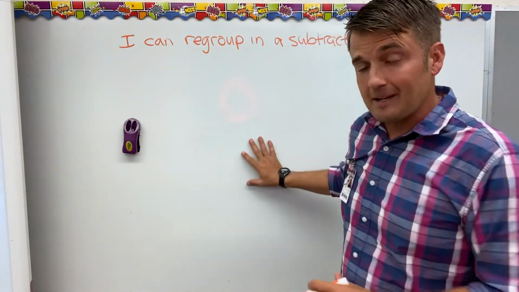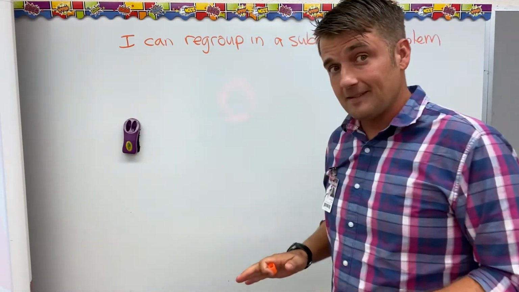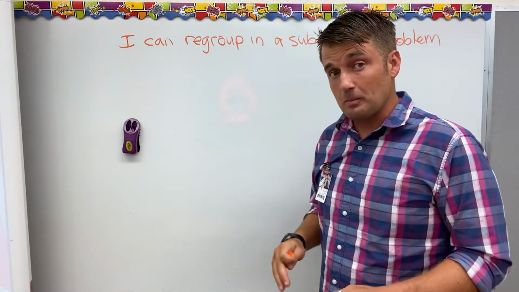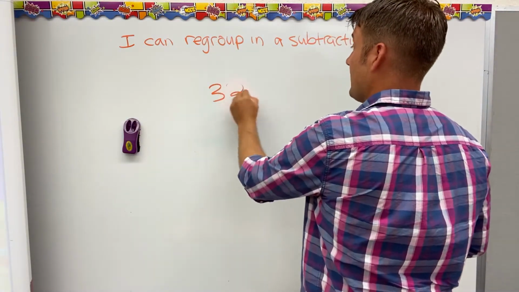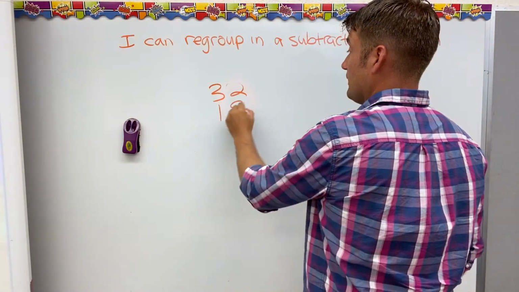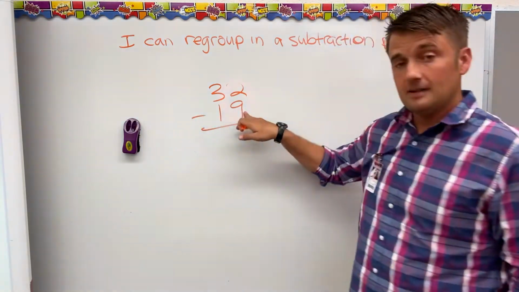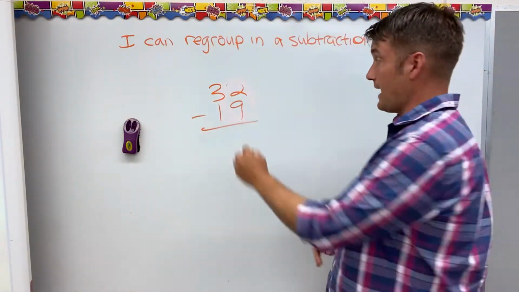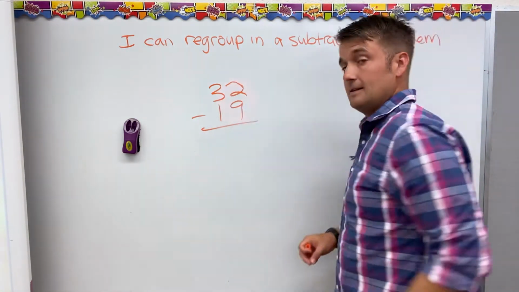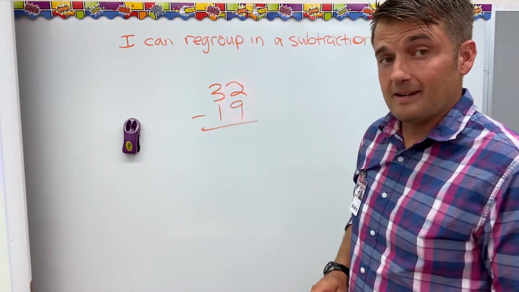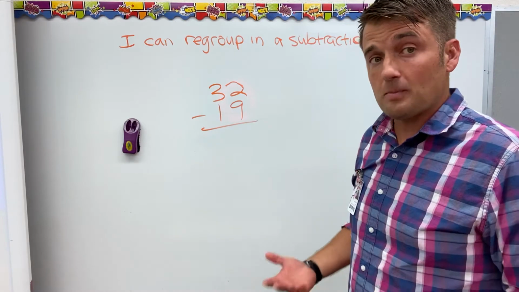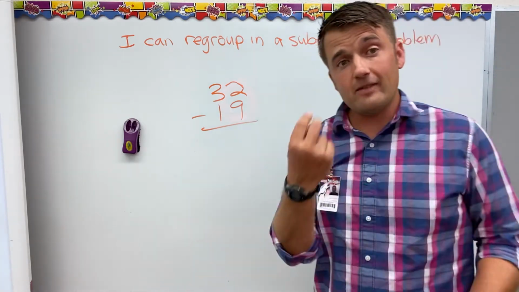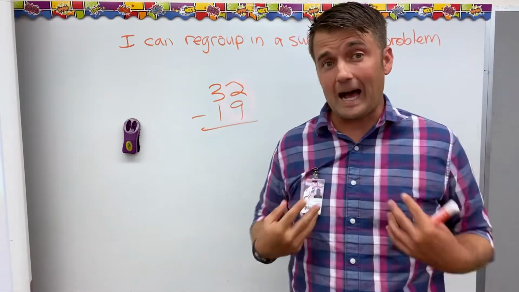The only time that we do this is when there's a bigger bottom. What I mean by that is if you have a number where the bottom is bigger, 9 is more than 2, you have to borrow. You have to borrow because if I only have 2, I cannot give you 9.